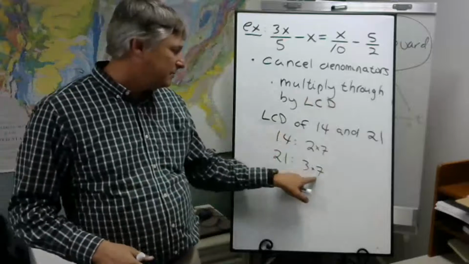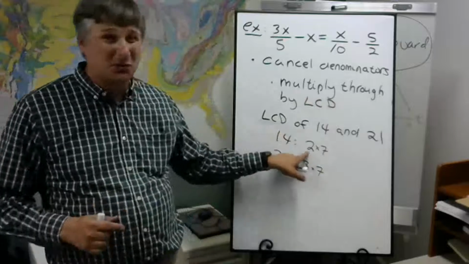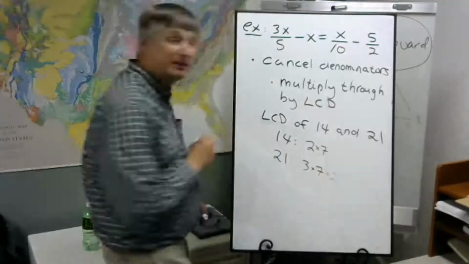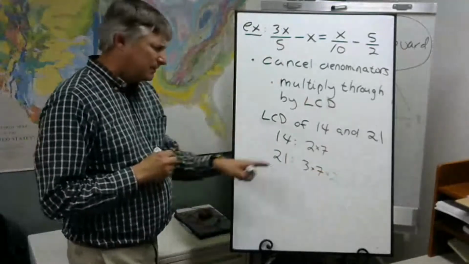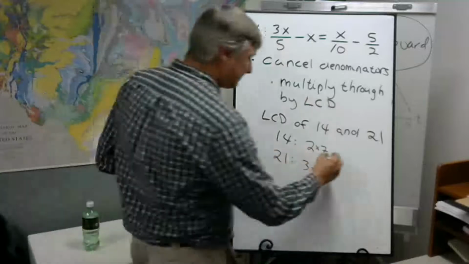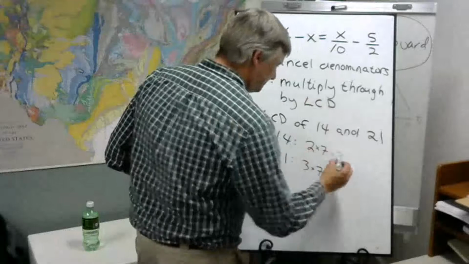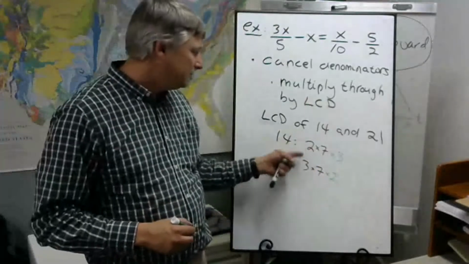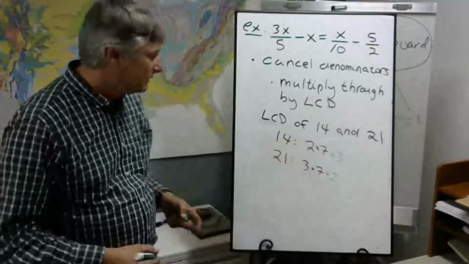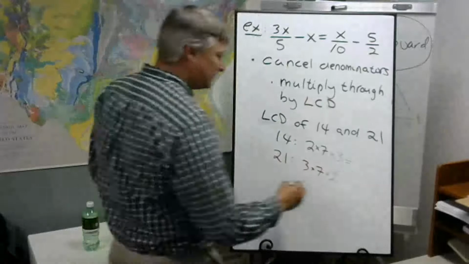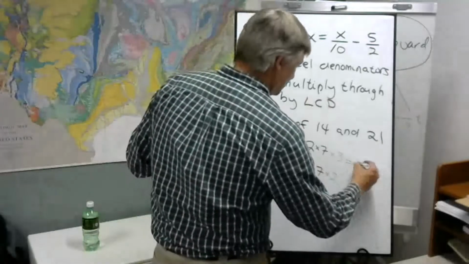So this is a 3 times 7, but it's missing a 2. Put in a times 2. This is a 2 times 7, but it's missing a times 3. Put in that times 3. Now these two listings are the same. And what are they equal to? Now we use the equal sign. It's going to be 42.